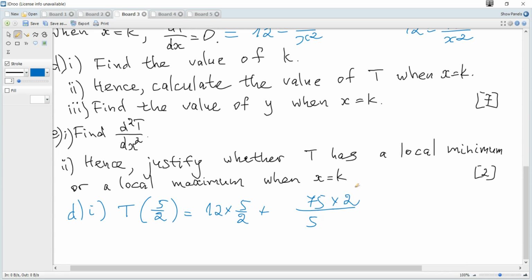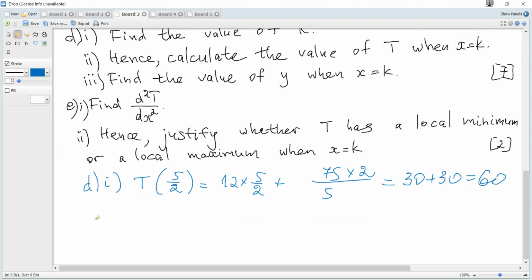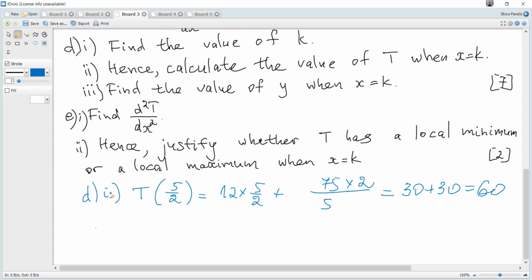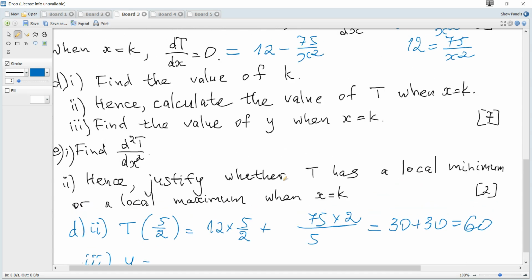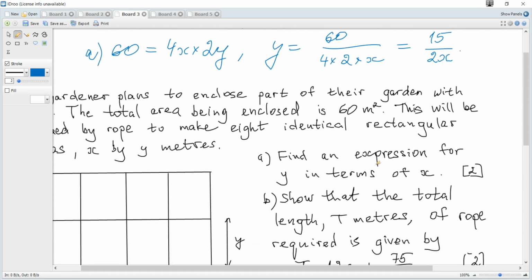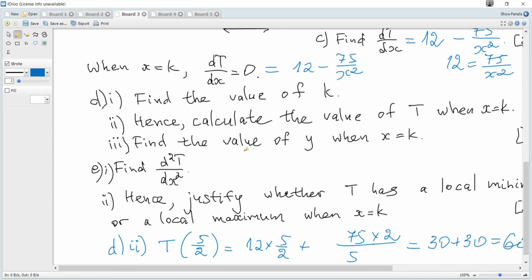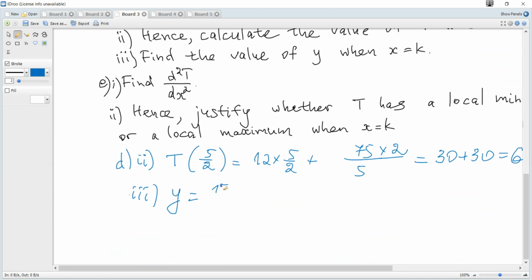To divide by a fraction, we multiply by the reciprocal, and it becomes 30 plus 30, which is 60. Next, find the value of y when x is k. y is 15 over 2x, so it's 3.